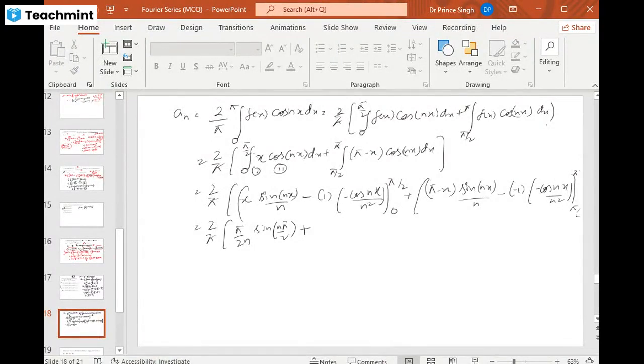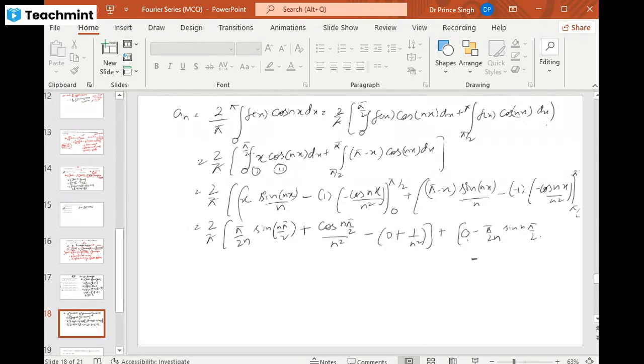On substituting upper limit here, it is cos n pi by 2 upon n square, minus, on substituting lower limit, 0 into something is 0 and here cos 0 is 1. At this side, on substituting upper limit, pi minus pi is 0. On substituting lower limit, this is pi by 2n sine n pi by 2, minus minus minus.